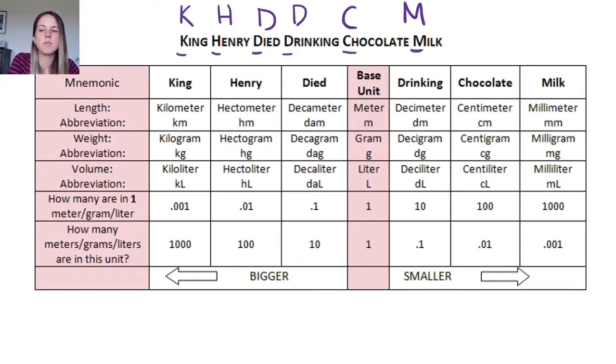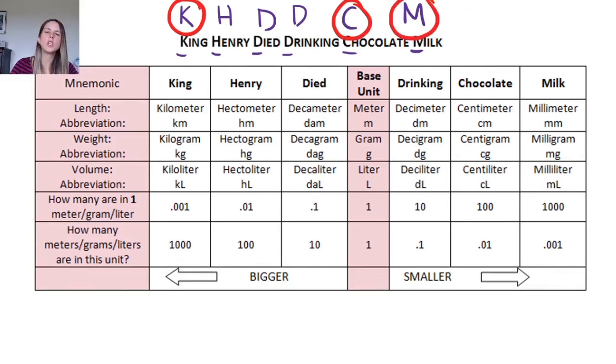You might be more comfortable with the K, the C, the M, because we usually just work in kilometers, meters, centimeters, and millimeters, or we work with kilograms, grams, and milligrams, or kiloliters, liters, and milliliters. We seldom use these in between units.